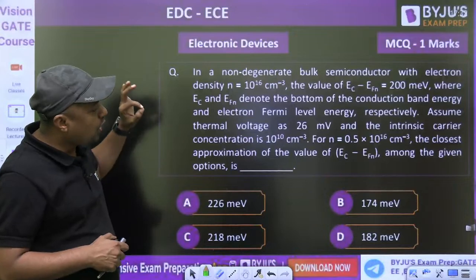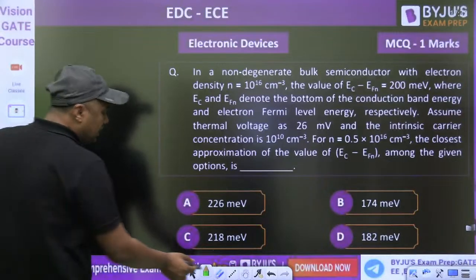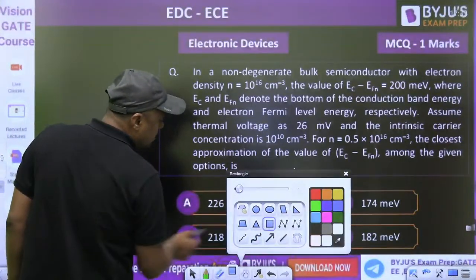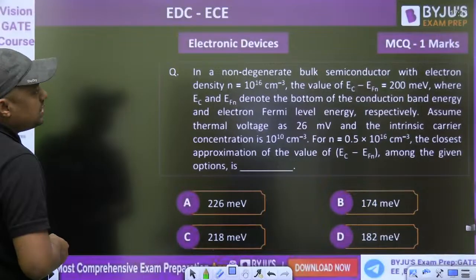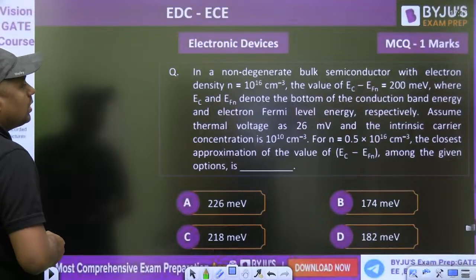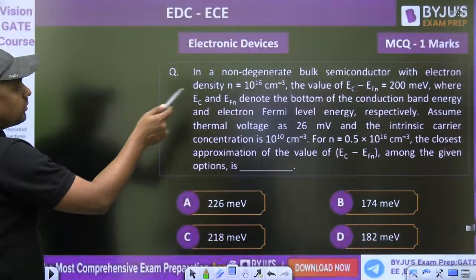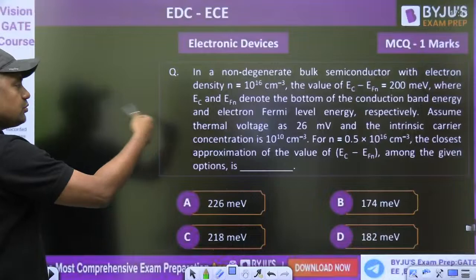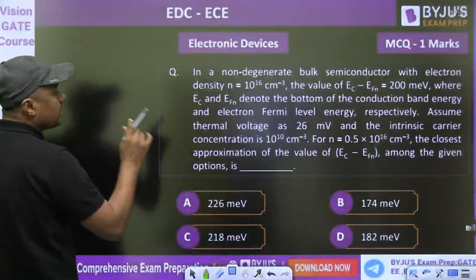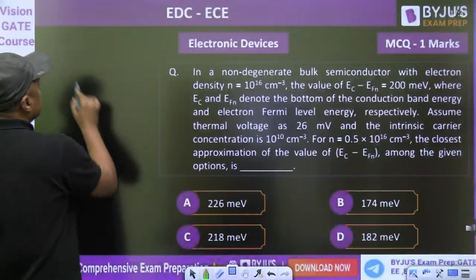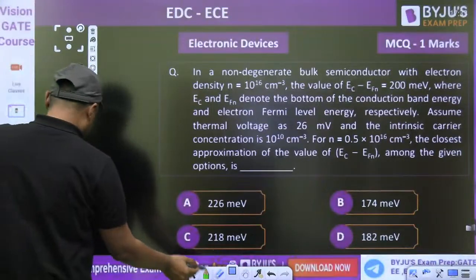The value of EC minus EFN, directly draw and think about it. What is this? Fermi level. EC minus EFN is 200 milli electron volt, where EC and EFN denote the bottom of the conduction band and electron Fermi level. As you know, assume thermal voltage VT as 26 millivolt.